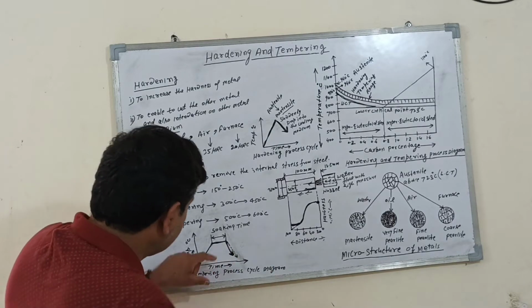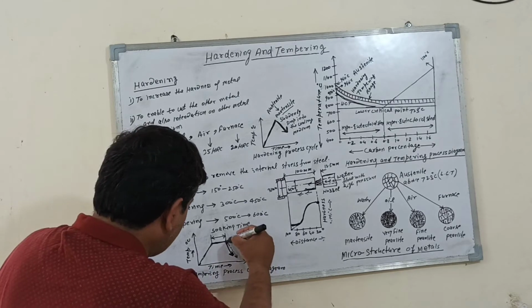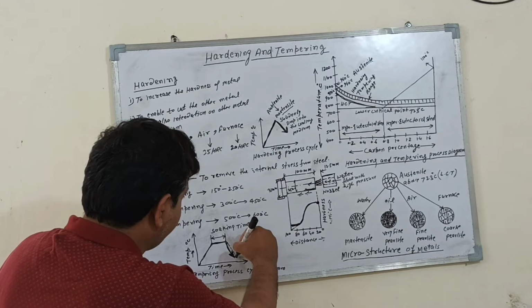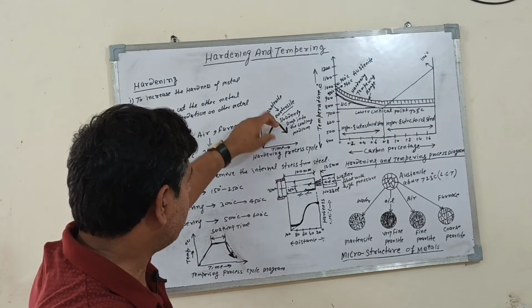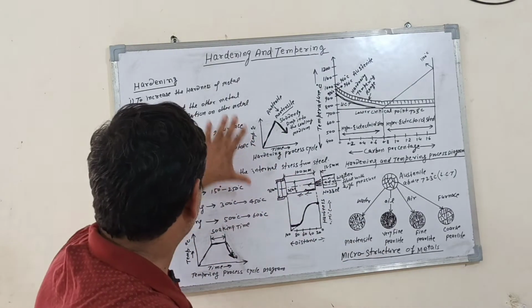It means that the metal is slowly cooled, so the curve is formed in a curved shape, not a straight one. The straight line represents hardening, where the metal is suddenly quenched into water or oil. This is the hardening process.